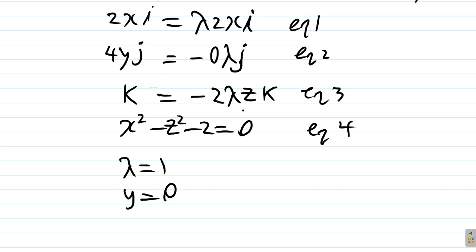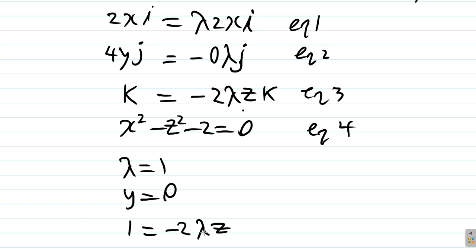Equation 3 now, what can we do with it? Well, k will cancel k, so we don't have to worry about k anymore. So this is saying 1 is equal to negative 2 lambda z, but lambda is 1.